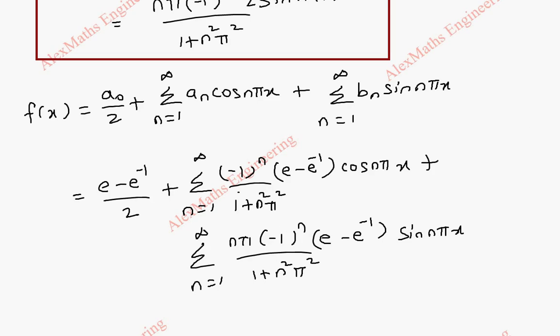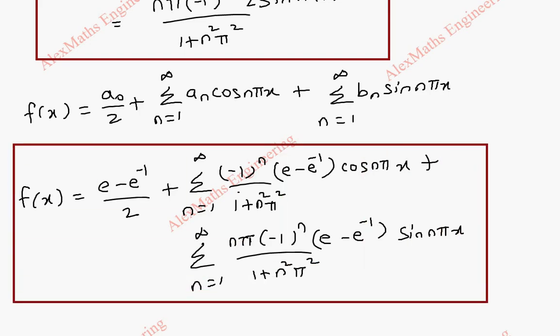So either we can leave it like this as our f of x, or e minus e power minus 1 by 2 can be replaced as sinh of 1. So either this can be given as the answer.